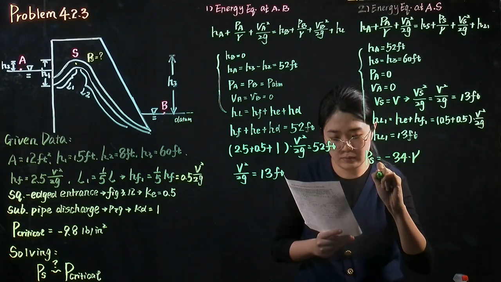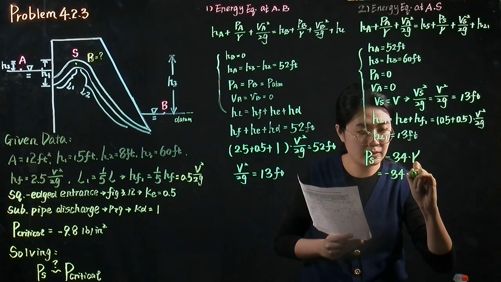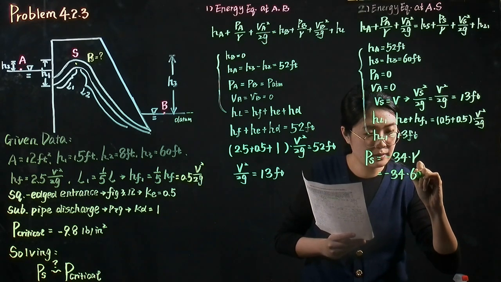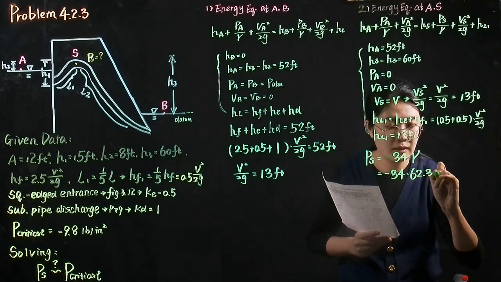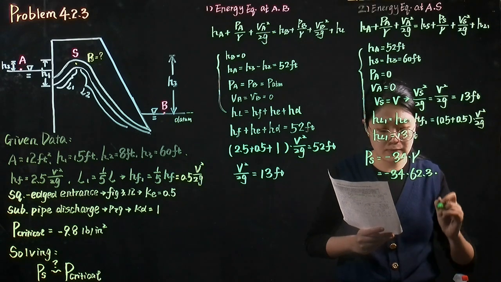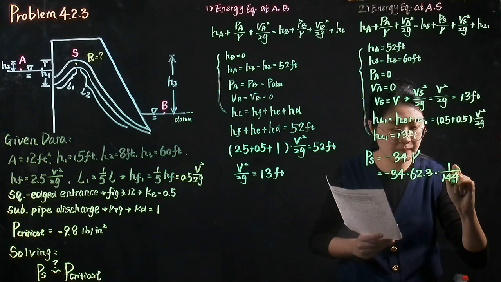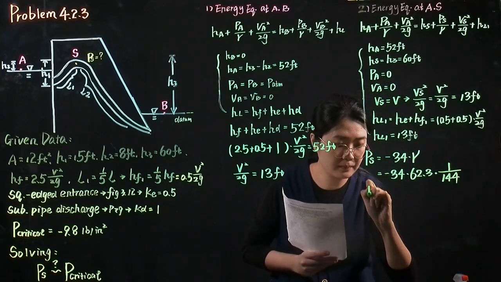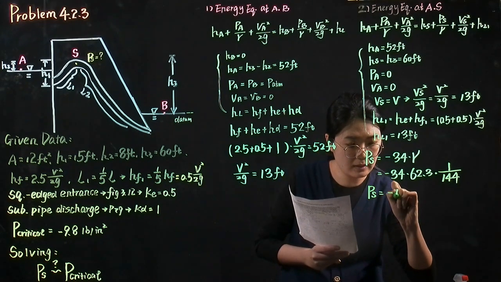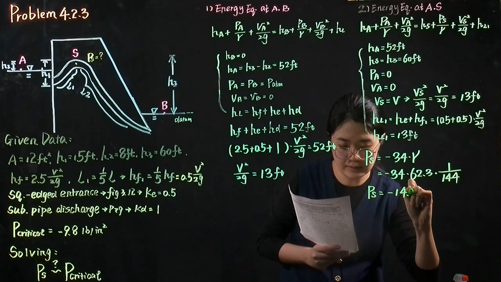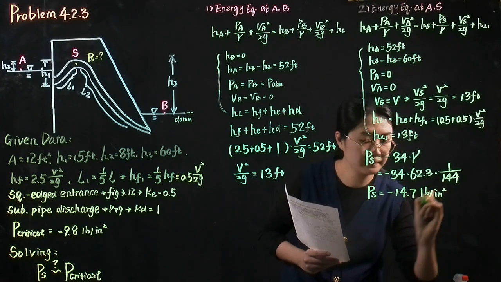It equals minus 34 times 62.3, which is the specific weight of water, and there is a unit transformation. So we can get the pressure at the summit equals minus 14.7 pounds per square inch.